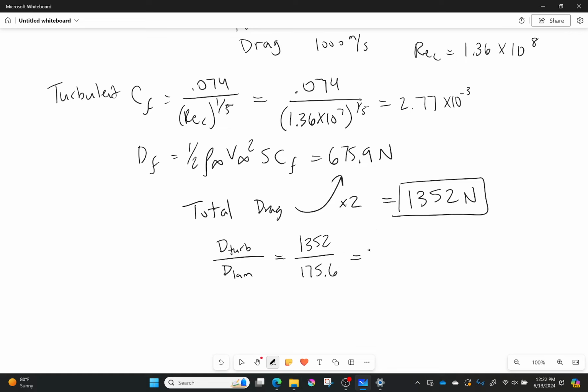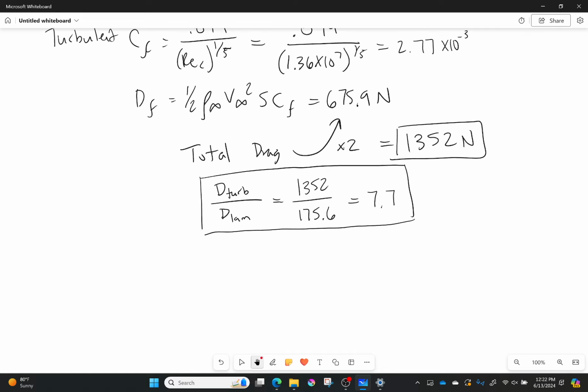So that's a factor of 7.7. So if I'm turbulent versus laminar, I have nearly 8 times the drag when I'm even going incompressible speeds. So there's a reason we want our flow to be laminar if we can, okay? Because we're going to greatly increase our friction.